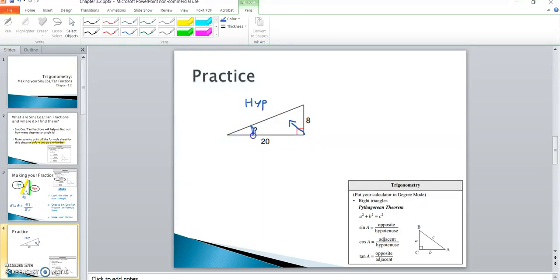And the other side that my angle touches is the adjacent. And of course the leftover one is my opposite. So that is step 1. Step 2, I'm going to choose a fraction on my formula sheet using these numbers.